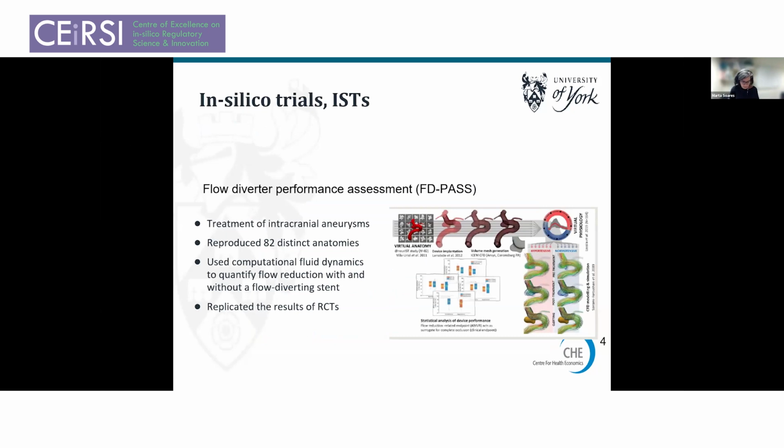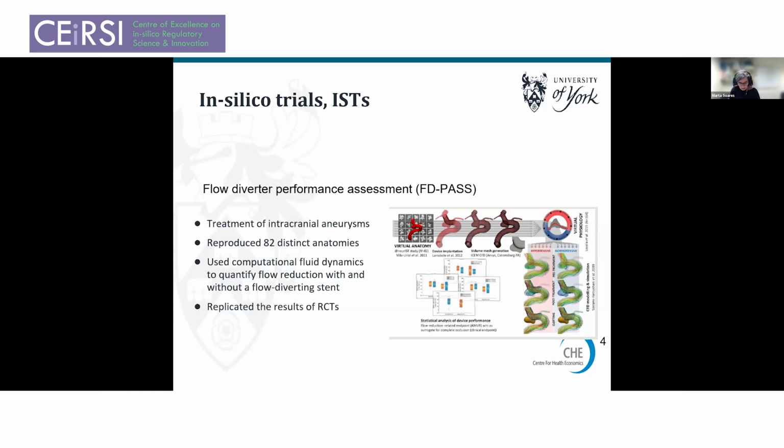So this trial, just very briefly, is an in silico clinical trial that assesses the performance of flow diverters in the treatment of intracranial aneurysms. In this trial, imaging data, I believe, was used, by modeling and simulation, to reproduce 82 distinct anatomies of intracranial aneurysms.